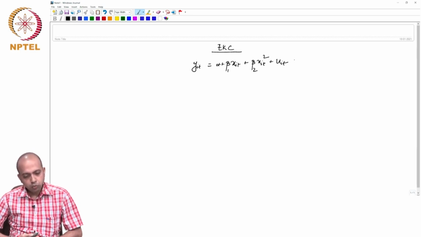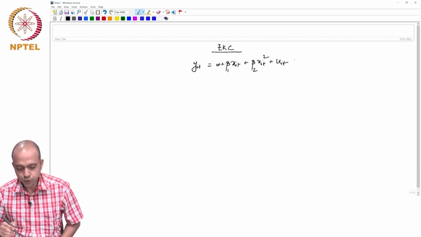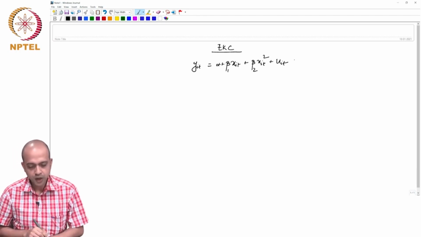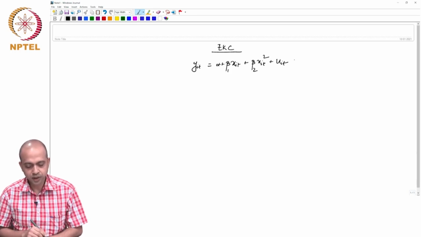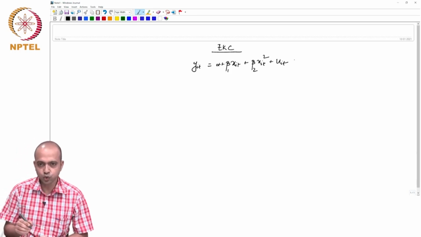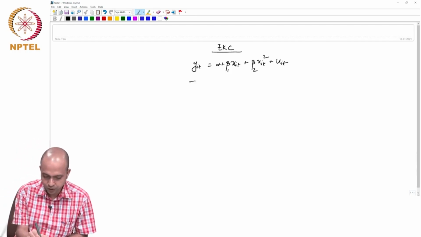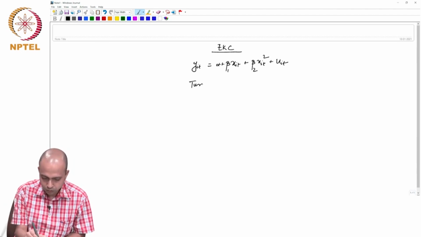Now, if the EKC takes the inverted U-shape, the natural question that comes to our mind is how to get the turning point.